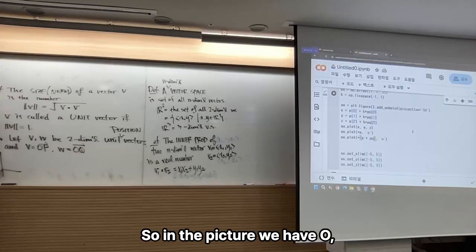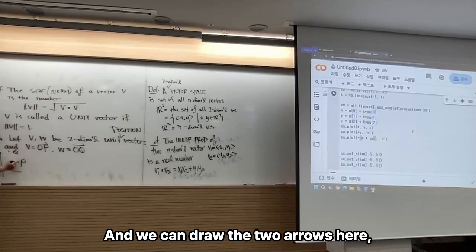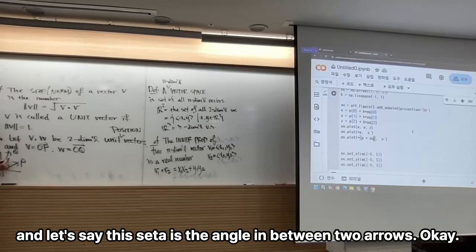In the picture we have O, which is the origin, and P here and Q here, and we can draw the two arrows. Let's say theta is the angle in between the two arrows.